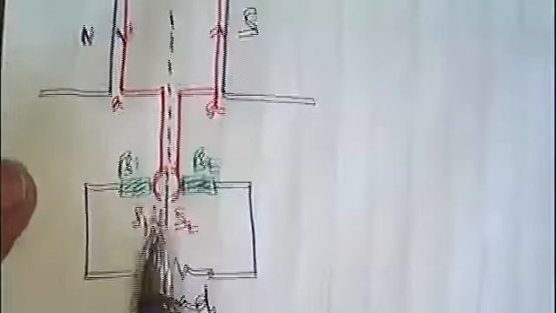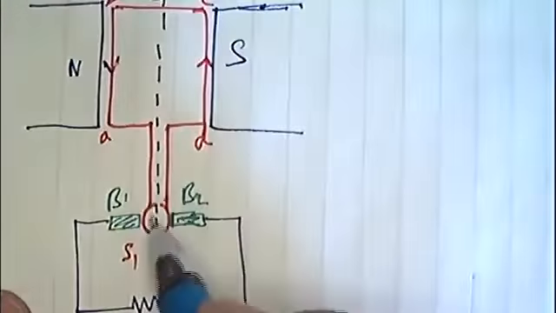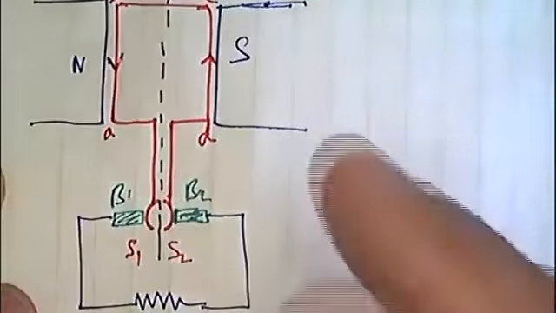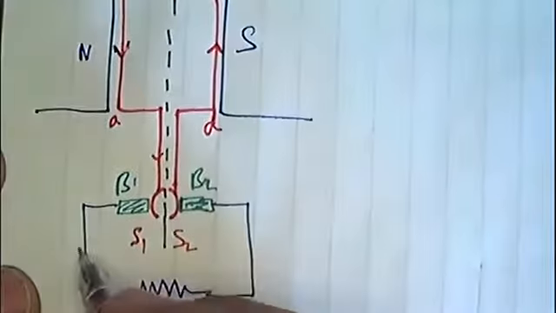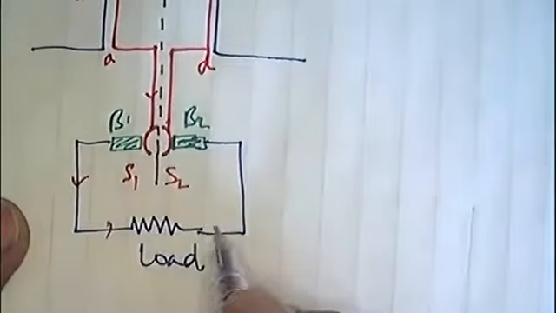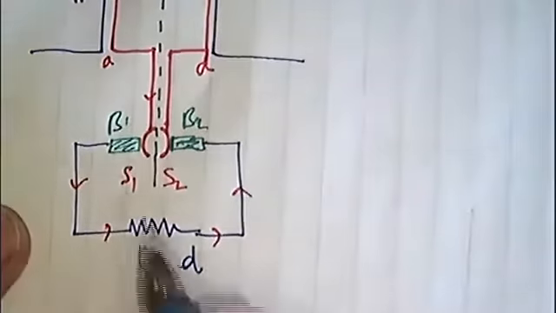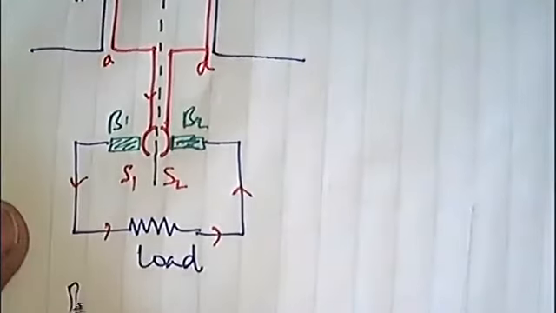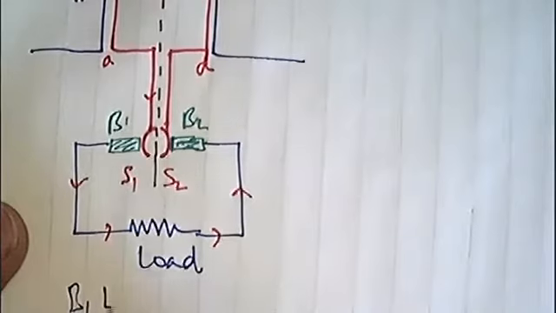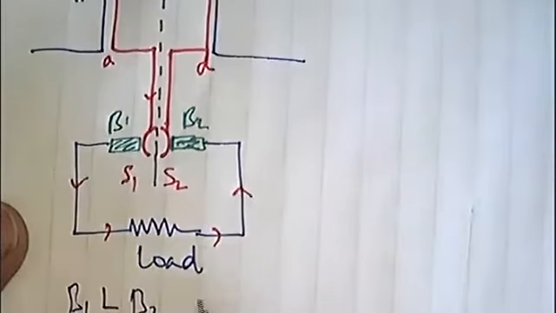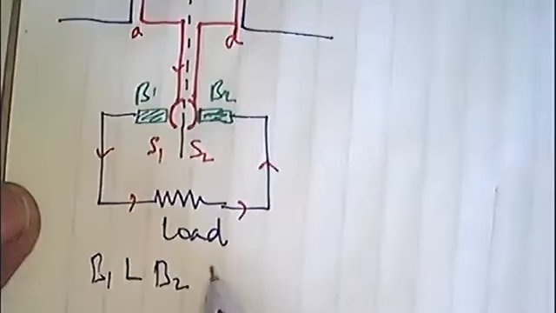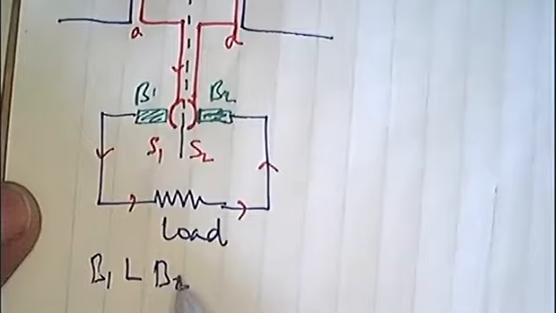It will be from B1. This is the direction of current. So in external circuit, the current is flowing from B1 to load and then B2. Right? This is the direction of current through the load.